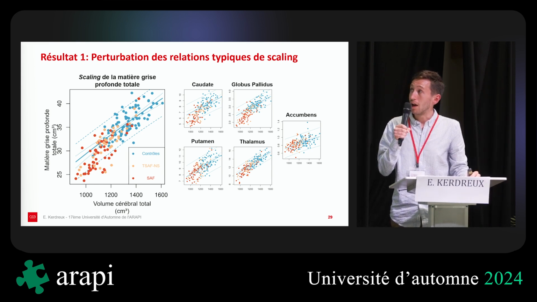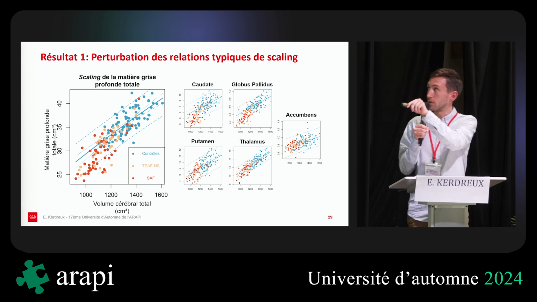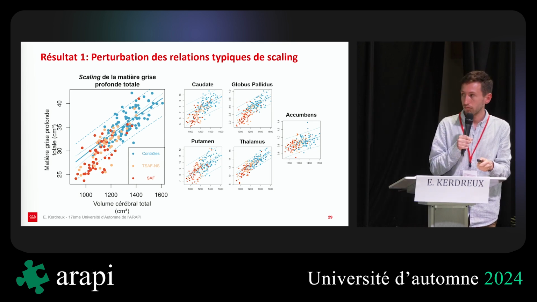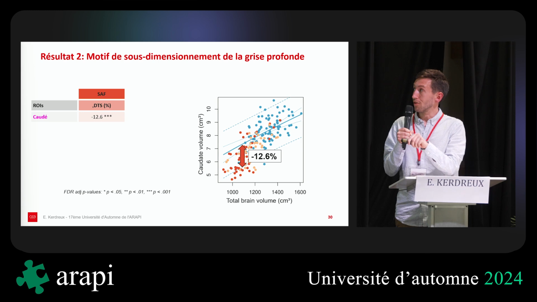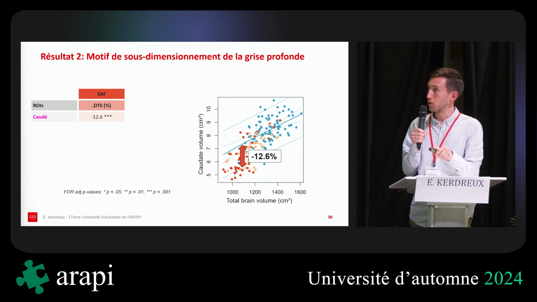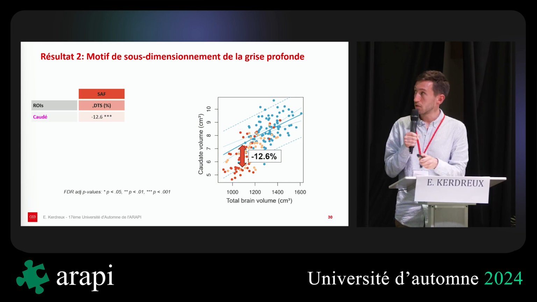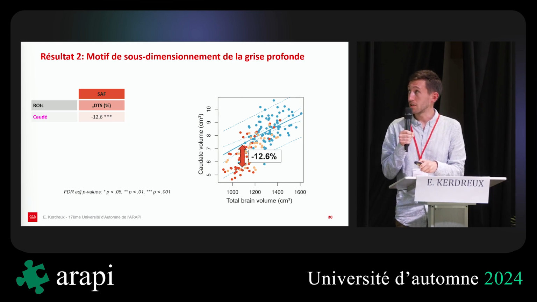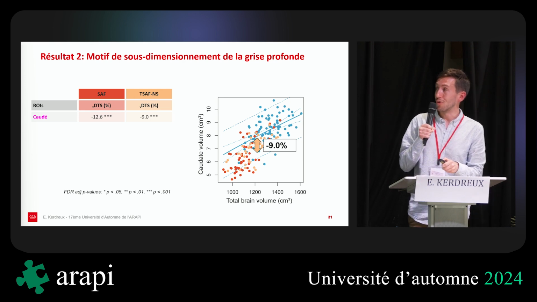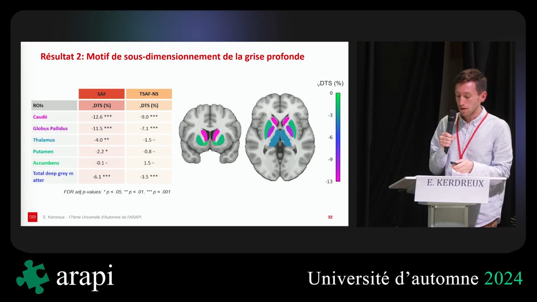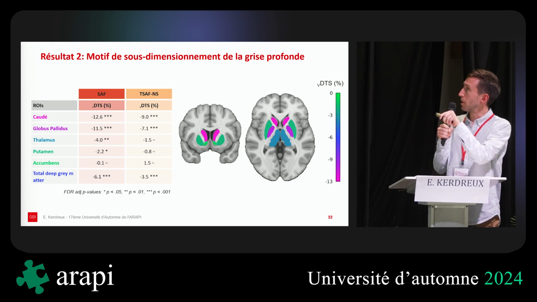We saw that the curve was isometric and nonlinear with the control group, isometric in the patients in one group and nonlinear with the other group. And from this disturbance, we calculated an average deviation of minus 12.6% in the patients that had a syndromic presentation, and minus 9% for the ones with a non-syndromic presentation.